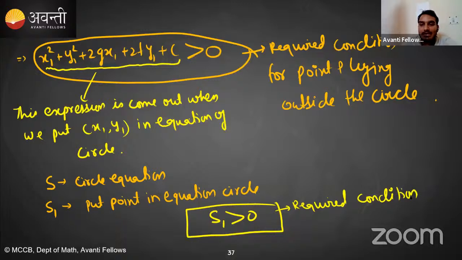When I say S1 greater than 0, it means put the point P in the equation of the circle. So you will get x1 square plus y1 square plus 2gx1 plus 2fy1 plus c, and it is greater than 0. It means S1 greater than 0. Is this clear, everyone? Clear?